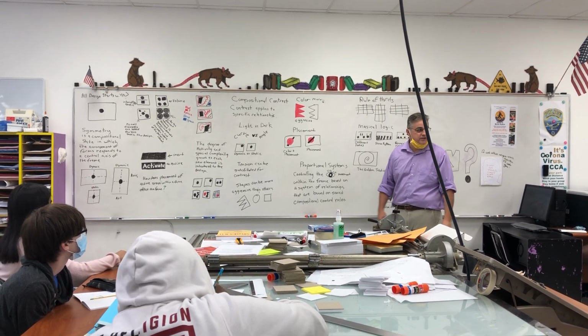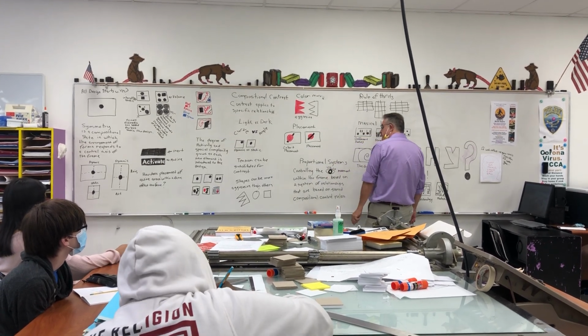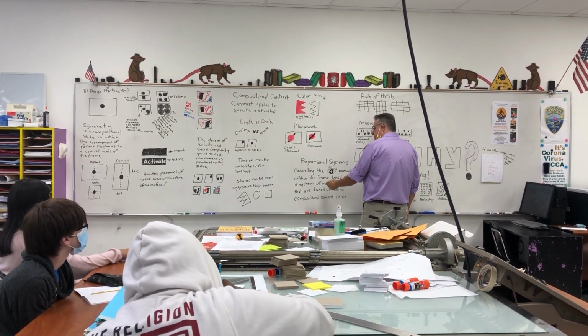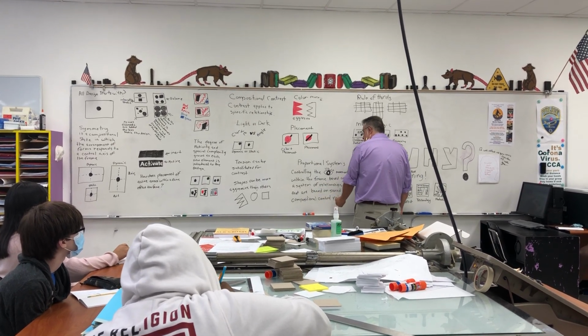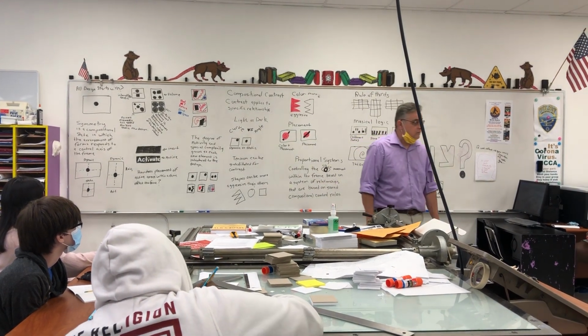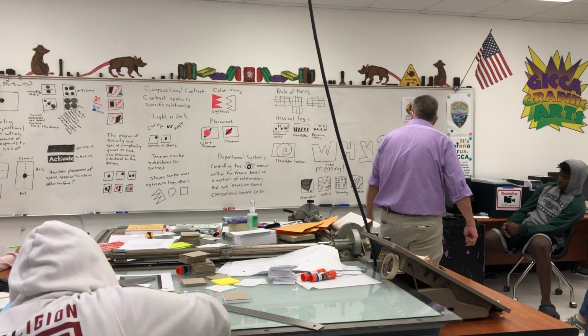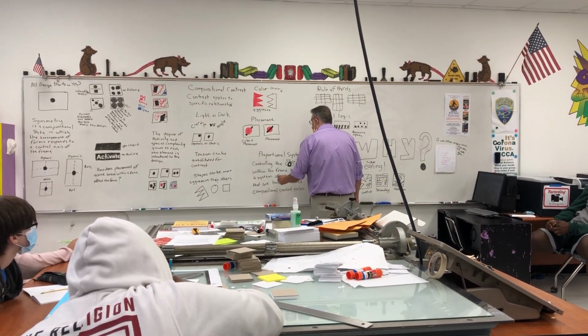Alright? Stimulate your thoughts. Proportional system controlling the eye movement within the frame based on a system of relationships that are based on sound compositional control rules, right? That's an awfully big sentence. Proportional systems. Controlling the eye movement.